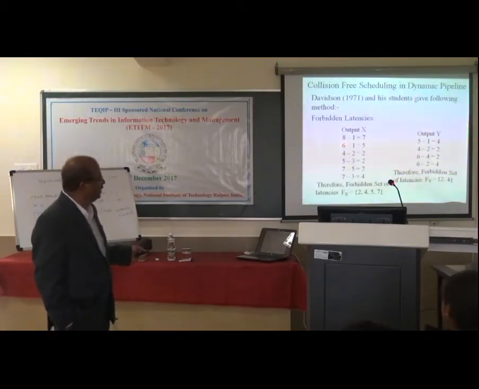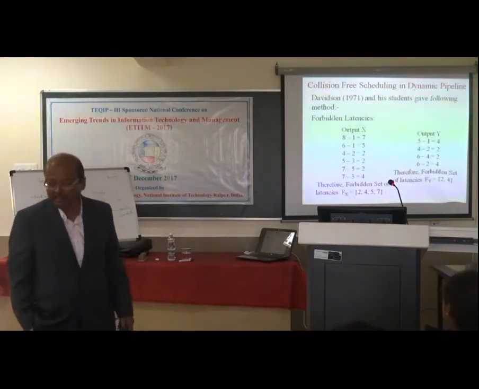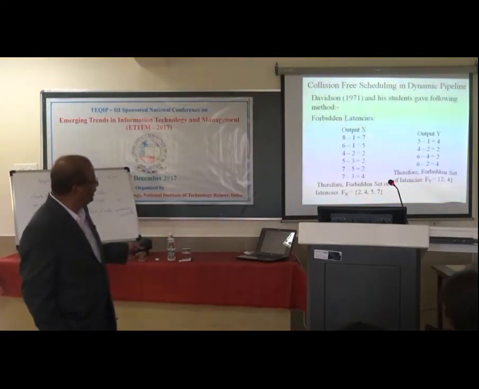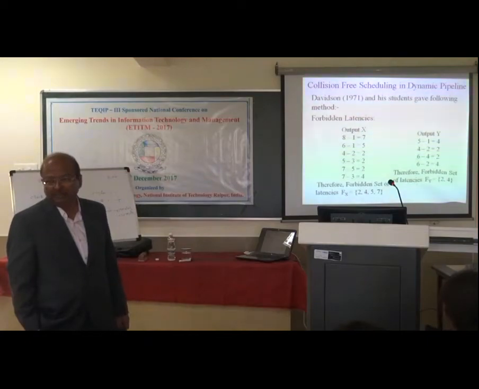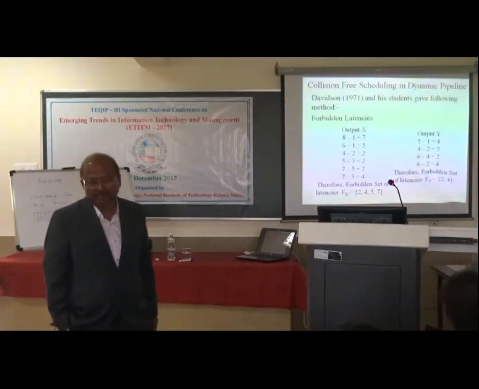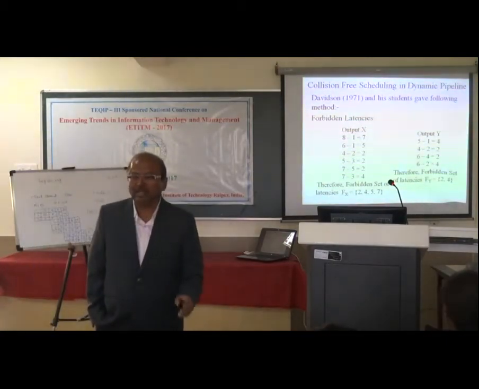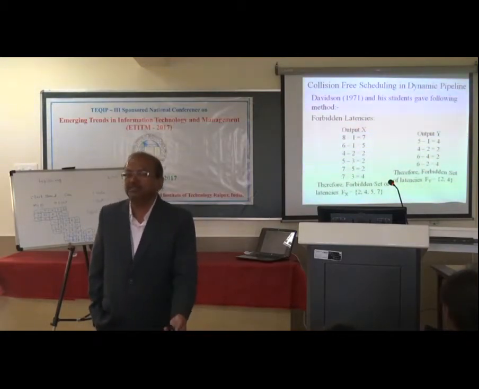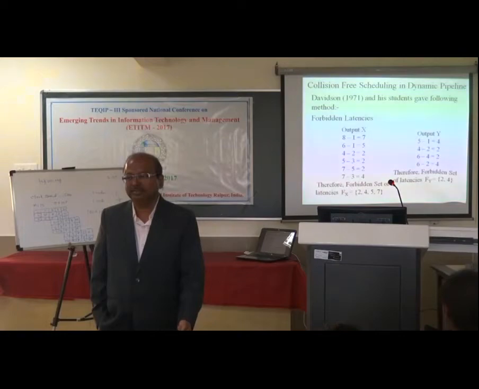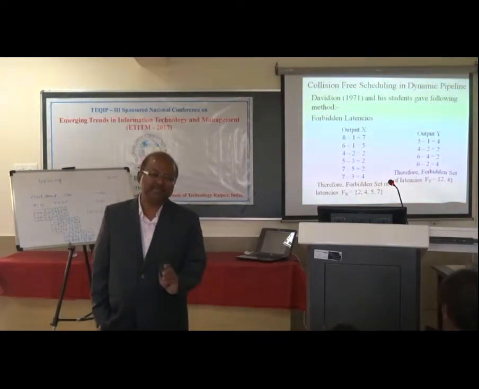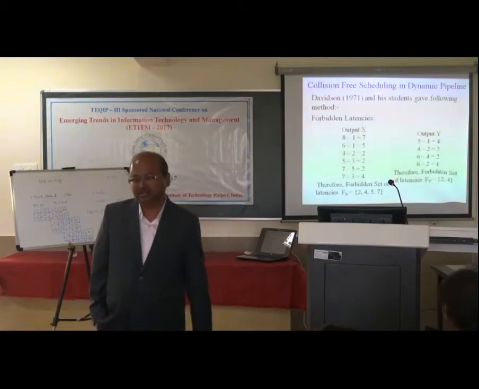In that method, we find out forbidden latencies, that is, latencies which are not permitted, and then the other latencies which are permitted. How much latency should be given or not is defined with the help of this method.